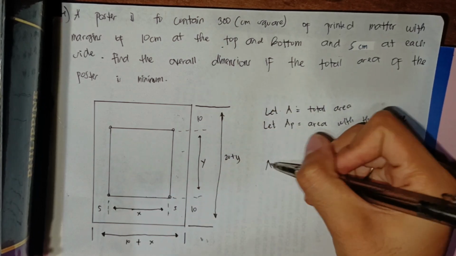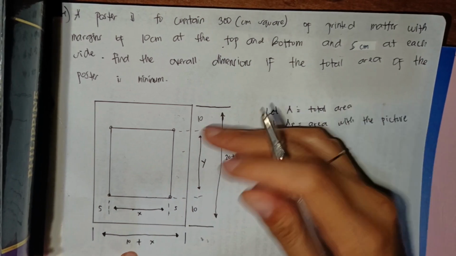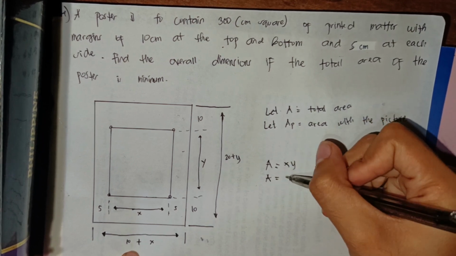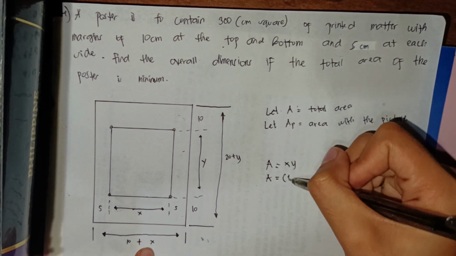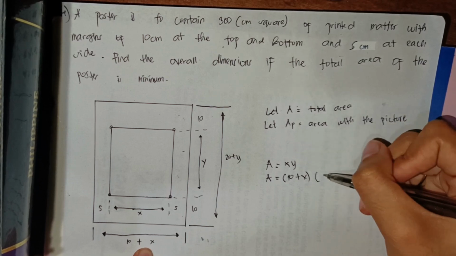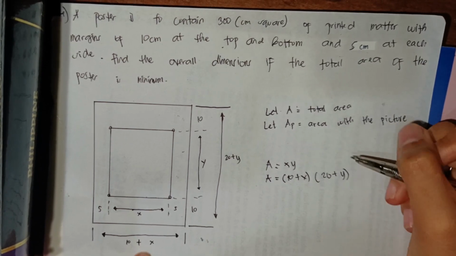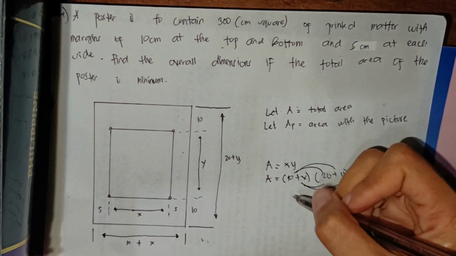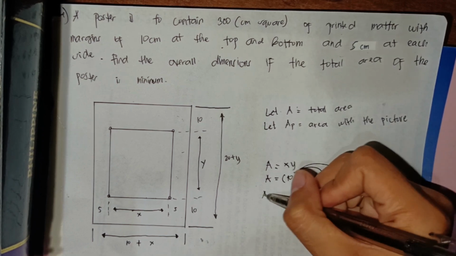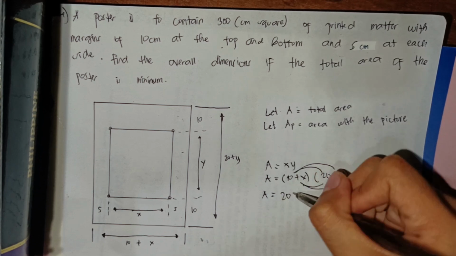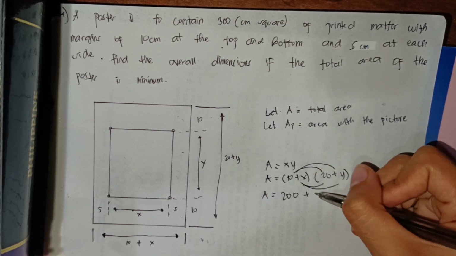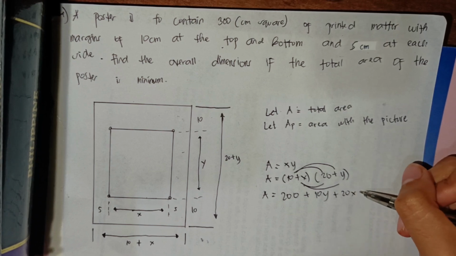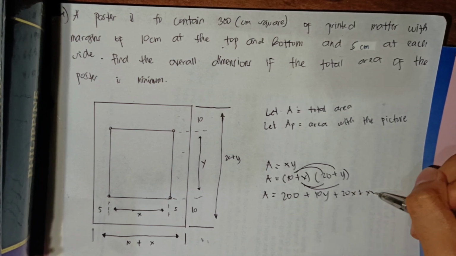A is equal to x times y, right? So A is equal to the total area, the value of x being 10 plus x and y being 20 plus y. So let's distribute: 200 plus 10y plus 20x plus xy.